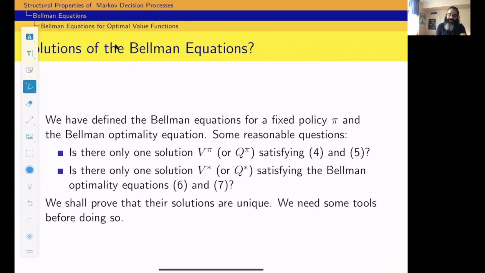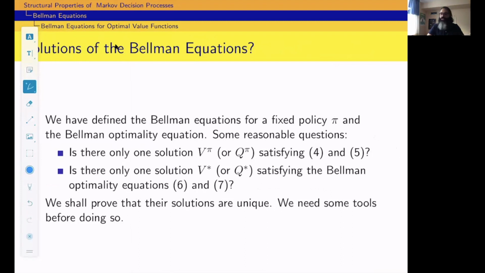Okay, so we defined the Bellman equation for a fixed policy, and also we defined the Bellman optimality equation. Some questions that you might have is whether there is only one solution for V pi or Q pi that satisfies the Bellman equation, or maybe there are multiple solutions. The question is about the uniqueness of it.